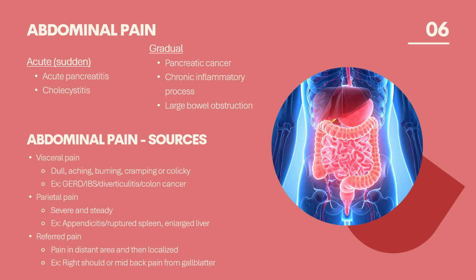Common causes of this gradual abdominal pain would be appendicitis. Typically, appendicitis will begin pretty vaguely and then gradually intensify. Think of cholecystitis, diverticulitis, gastroenteritis, peptic ulcer disease, constipation, UTI, IBS. Those are going to be more gradual pain.